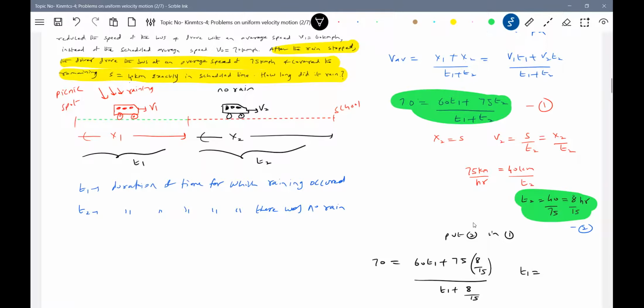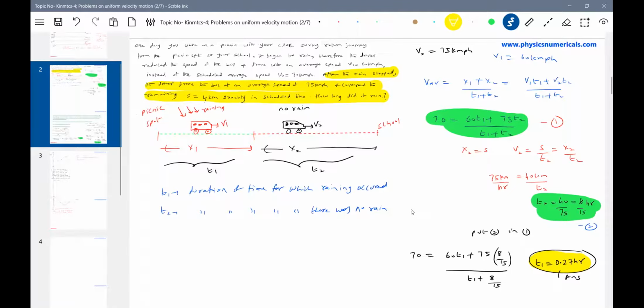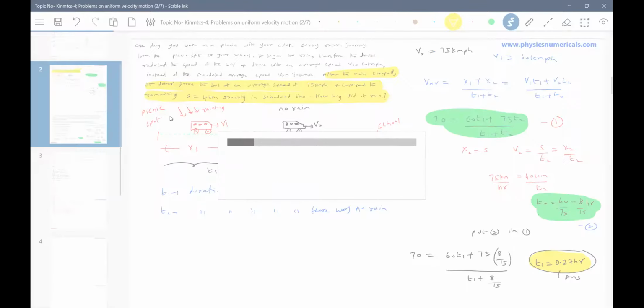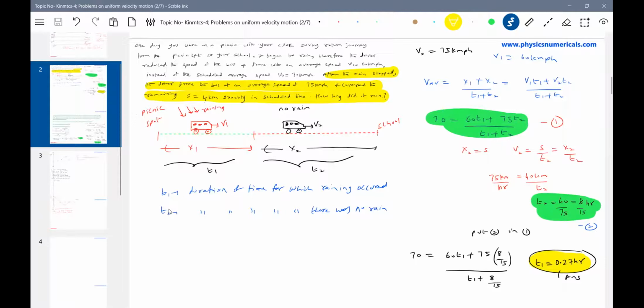Solving this, we get the T1 value, which will be your answer. It's not a very big problem. We should understand the given conditions clearly, draw a diagram, then use the average velocity definition. That's all.